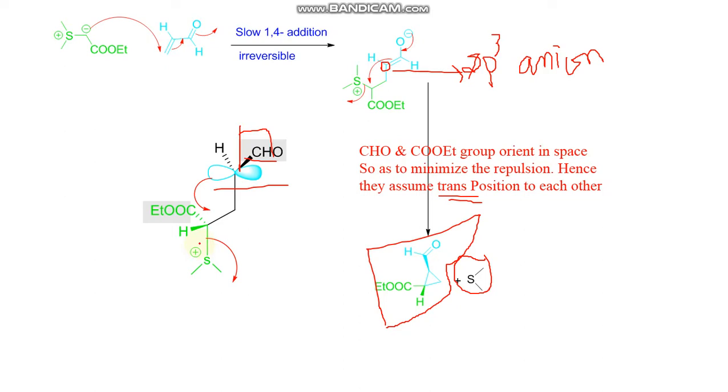Now, if you think in a different way, what will be the product for a 1,2 addition? Obviously 1,2 addition will not happen here because these are heating conditions and a stable ylide. We all know 1,4 addition will happen for heating conditions and a stable ylide. Now if 1,2 addition happens, what will be the case?